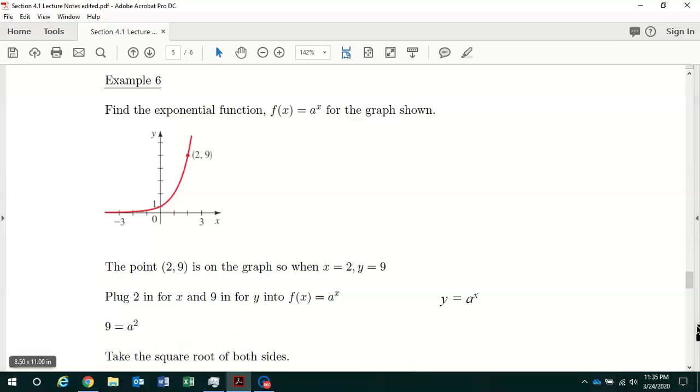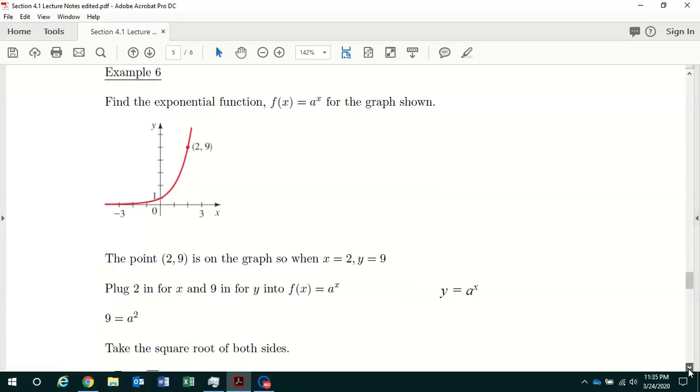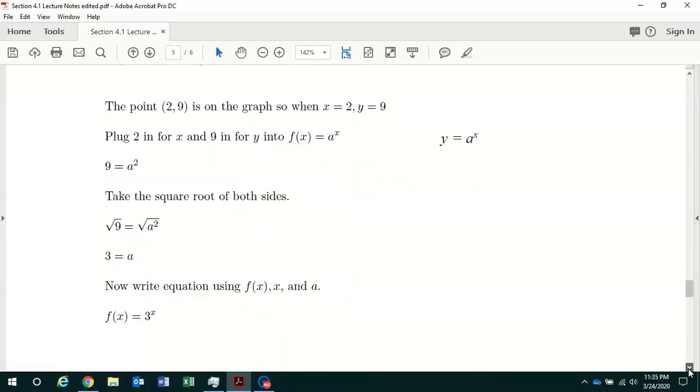In solving for a, we take the square root of both sides, and we get the square root of 9 is equal to the square root of a squared. Earlier in the semester, when we were solving equations for x using the square root method, you'd have the plus and minus in front of the square root of 9.